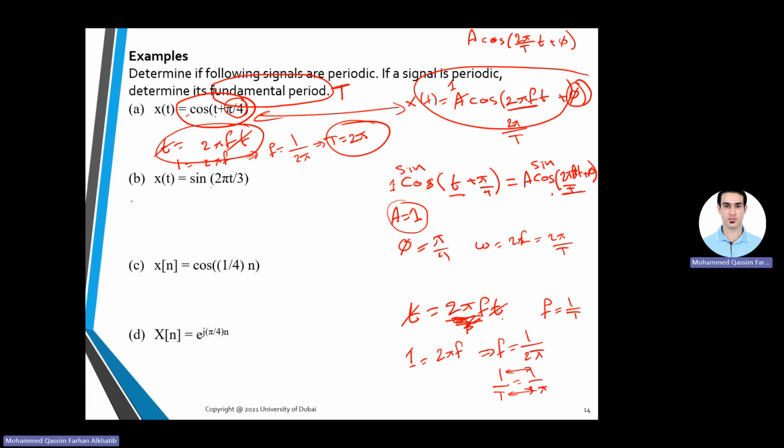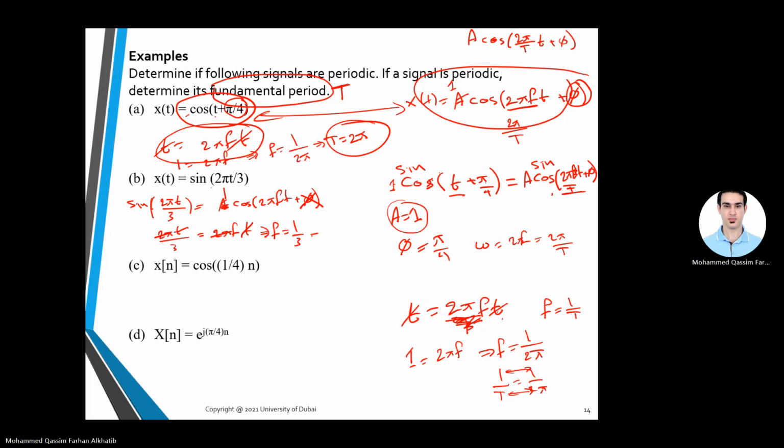So here I will have sine 2 pi t over 3 equal A cosine 2 pi f t plus phi. I don't have any phase, so this one will be gone. There is no value for amplitude, so this is 1. So I have 2 pi t over 3 equals 2 pi f t, and t will cancel. 2 pi and 2 pi will cancel. So I'll have f equal 1 over 3. So T equals 1 over f equals 3.